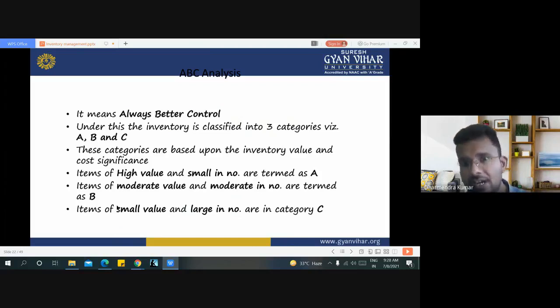In the B group, we keep items of moderate usage in any manufacturing plant, which also have moderate inventory cost. In the C category, we keep items which are generally used in the industry, but that type of component has only a small inventory cost.